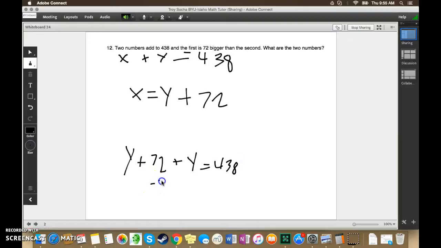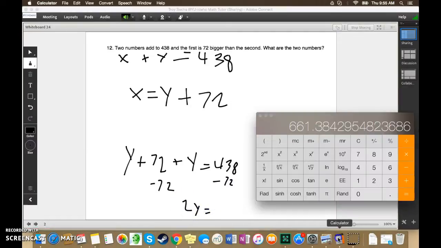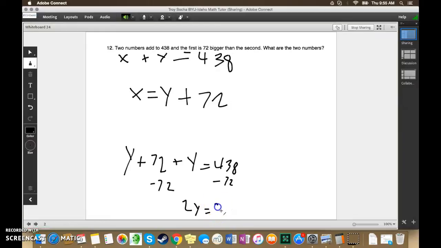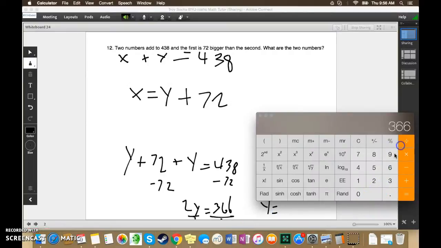So now we minus 72, combine our y's. Divide by 2. And we get y equals 366 divided by 2, which is 183.